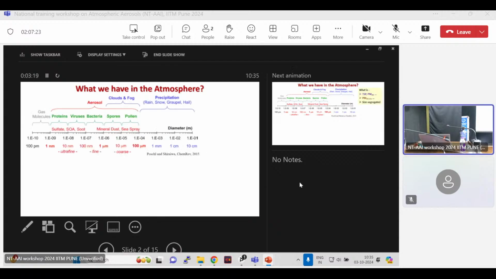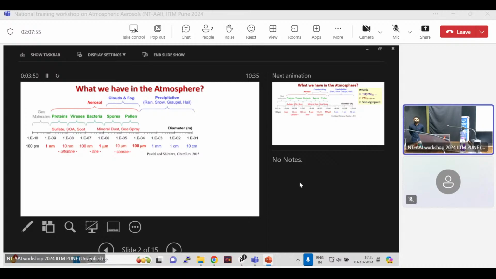So let us see what we have in that one. See the color coding also, and see the size range. So what size range do we see? 10 to the power minus 10 meter to 10 to the power minus 1 meter, which is 100 picometer to 10 centimeter.